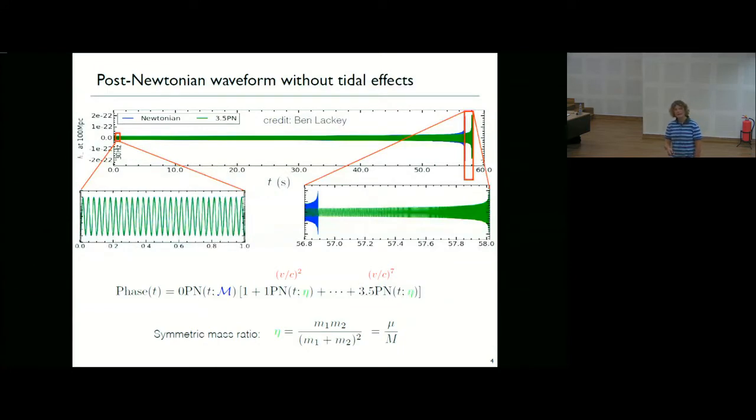Higher order post-Newtonian corrections come in when the system is even more relativistic. Here we know currently up to (v/c)^7. These corrections start to also depend on a different combination of the masses, not just the chirp mass, but also the symmetric mass ratio, which is the reduced mass divided by the total mass. If you measure both the symmetric mass ratio and the chirp mass, you can infer the individual masses to some accuracy.